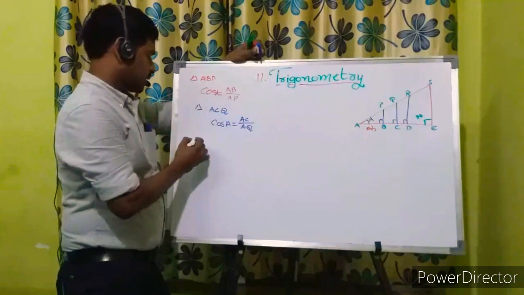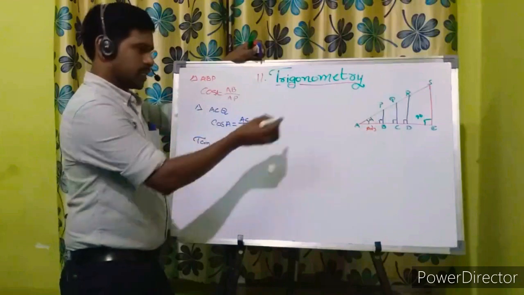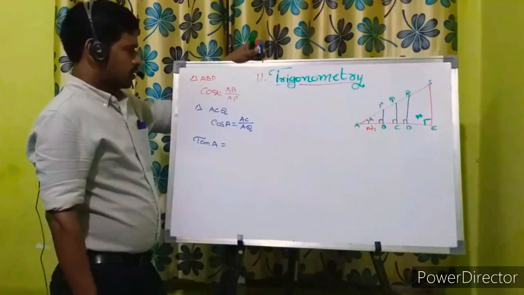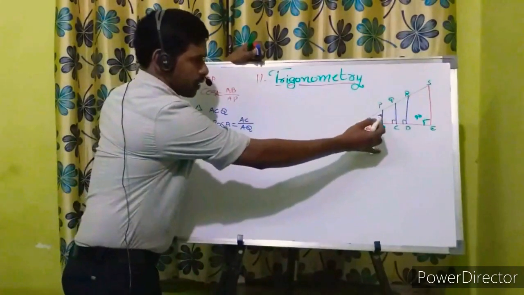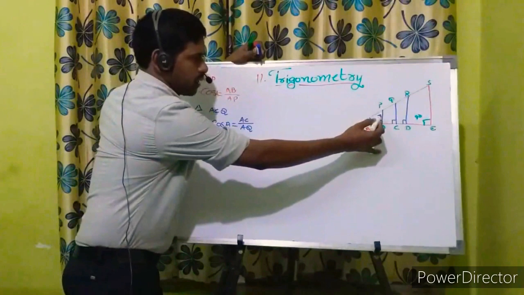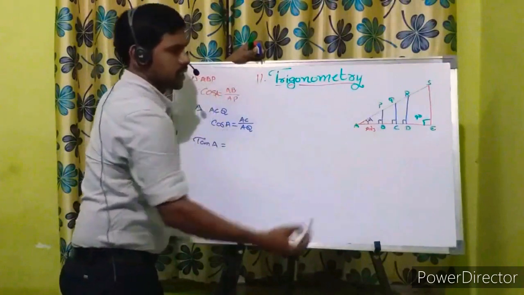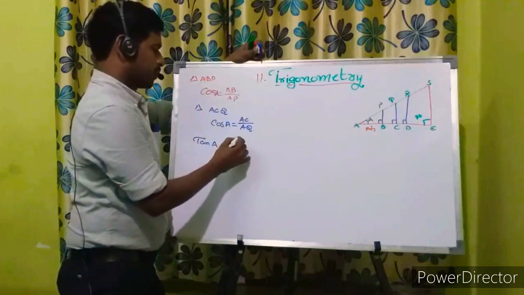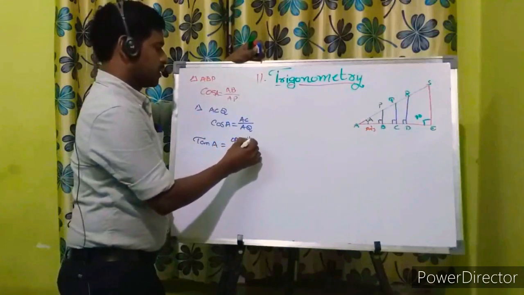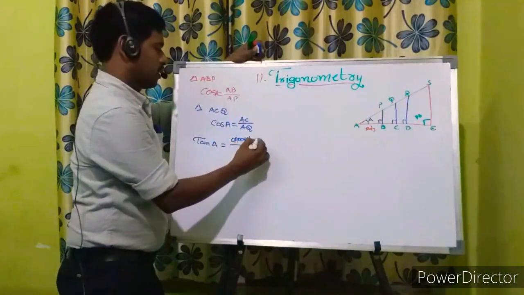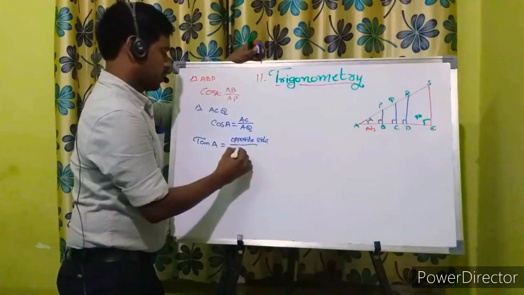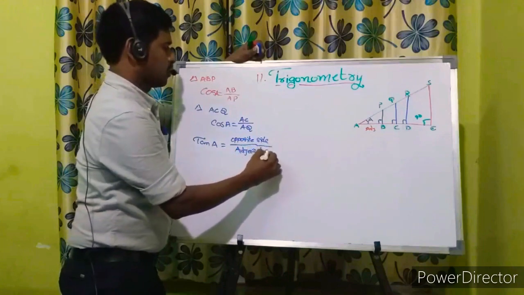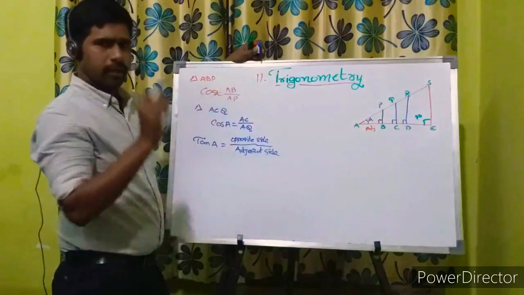Next is tan with respect to angle A. Tan A is equal to the ratio of the opposite side of the angle and the adjacent side of that angle: opposite side by adjacent side.